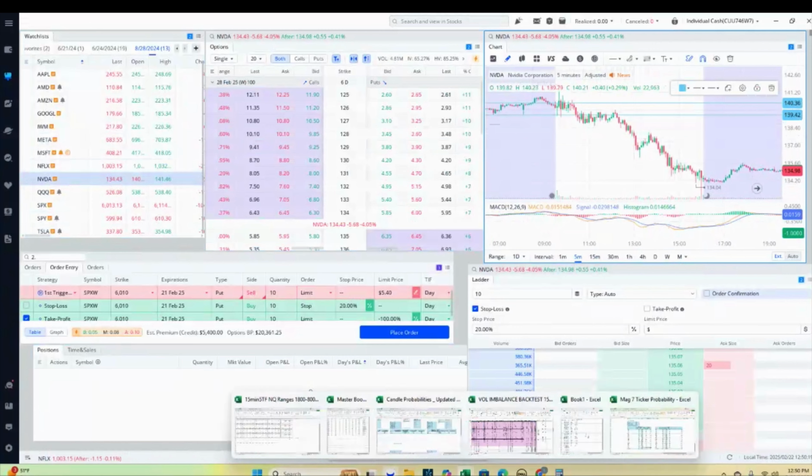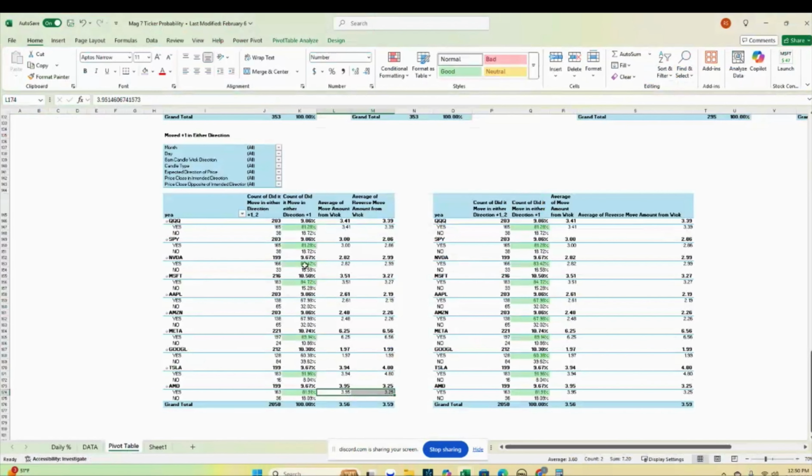My favorite ones are Microsoft, Tesla, and Meta, and those are the ones that do the best. Your other ones like Apple, Amazon, and Google don't perform as well, and Microsoft, Tesla, and Meta also move the most.